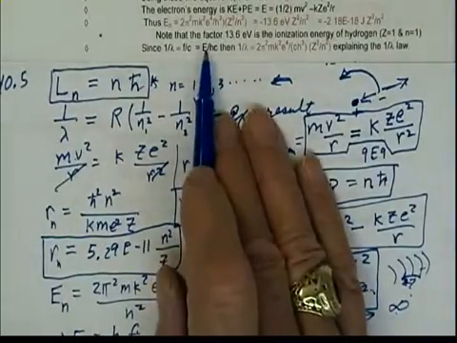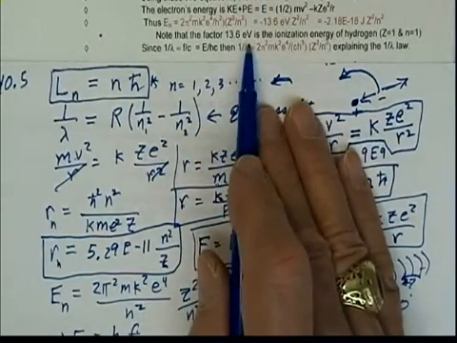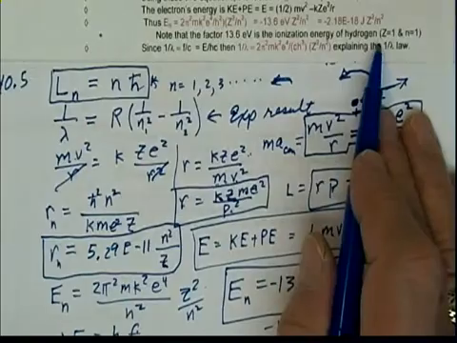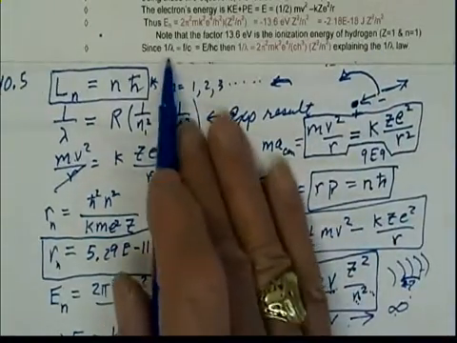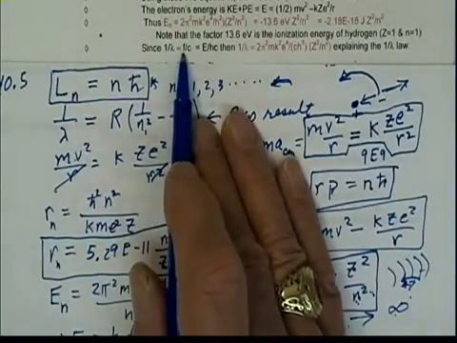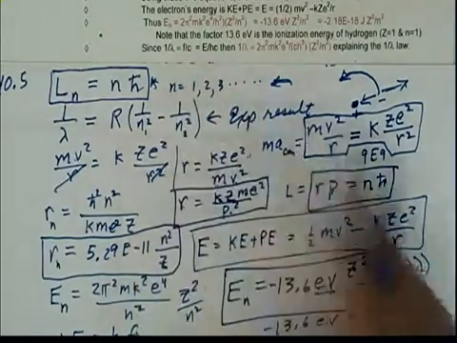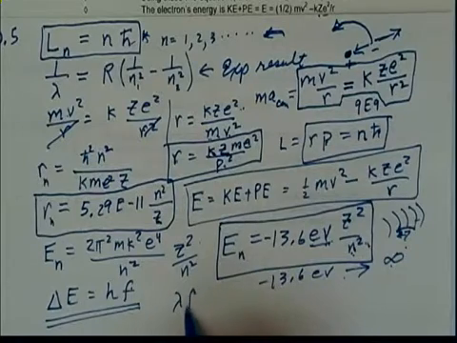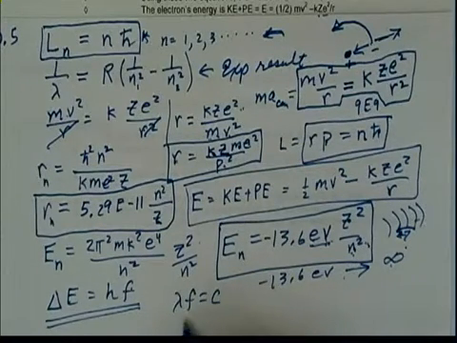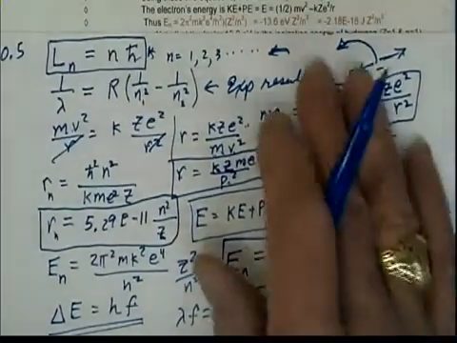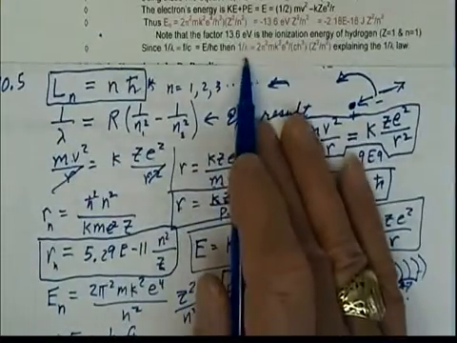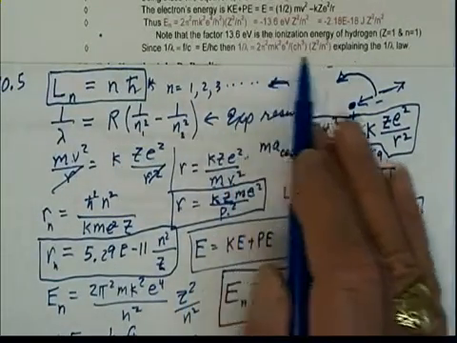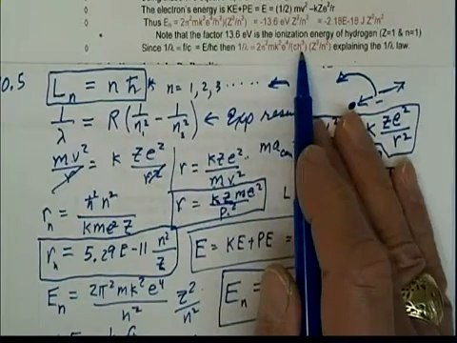Now again, I've got here in the notes, note that the factor 13.6 electron volts is the ionization energy of hydrogen. And if I compute 1 over lambda, which is the frequency divided by c, that's because wavelength times frequency is always the speed of light, I can look at what 1 over the wavelength is. It's going to be the frequency over c. Then I can actually compute what that 1 over wavelength is, and you notice I get a whole bunch of constants.